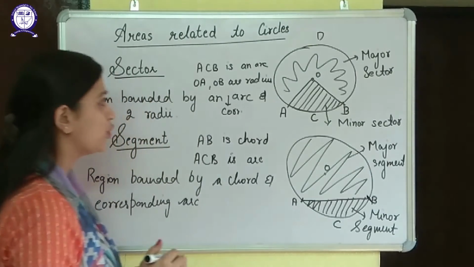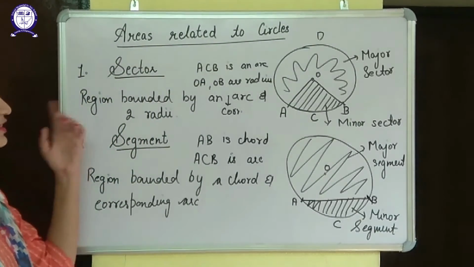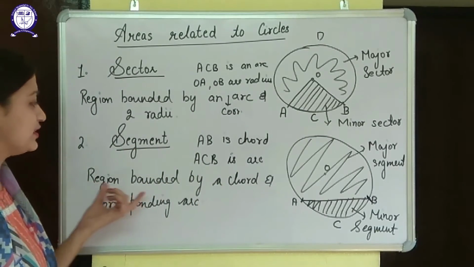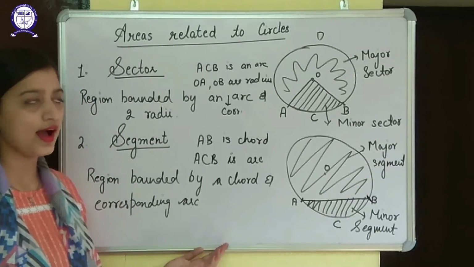Okay, so these are the two concepts, sector and segment. Sector is the region bounded by the arc and the radii, and segment is the region bounded by the chord and the corresponding arc.